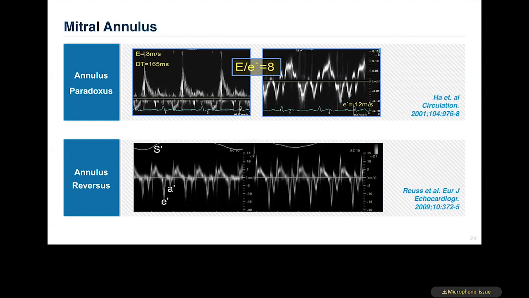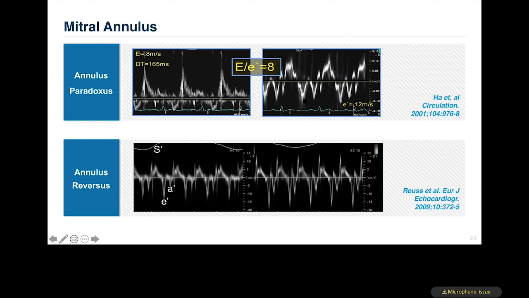longitudinally back and forth. And despite the presence of a restrictive filling pattern, you can see a very tall E wave here, and the A wave is very small. So E by A ratio is more than 2, despite a restrictive filling pattern, which indicates elevated left atrial pressure, pulmonary capillary wedge pressure.